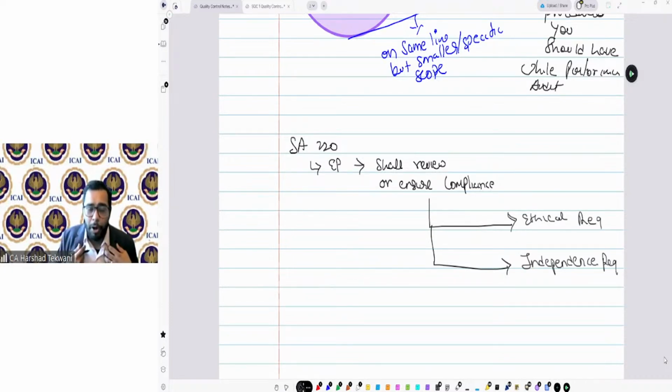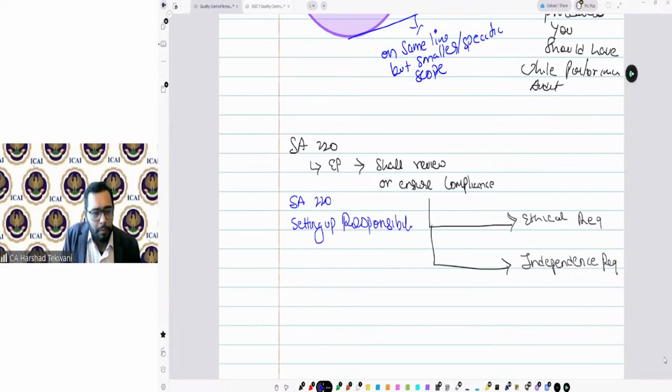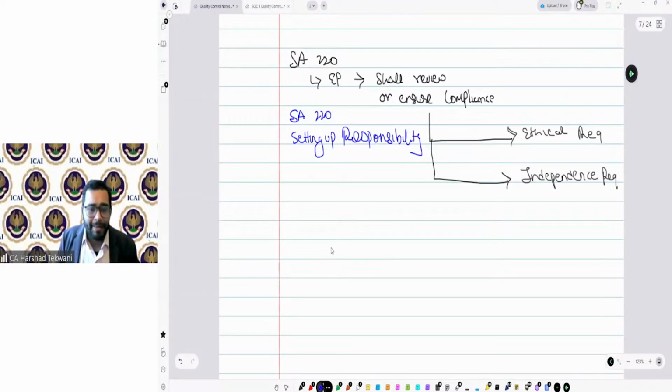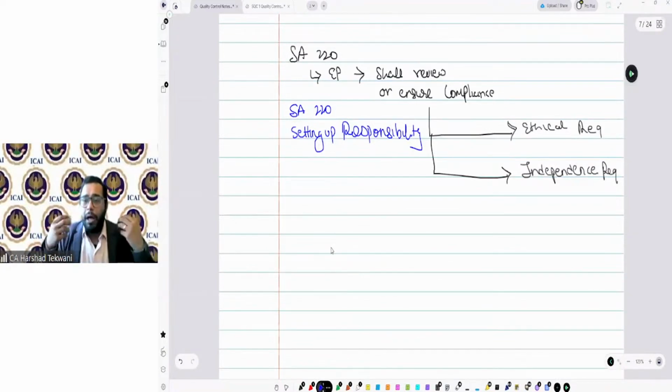Responsibility setting is something coming from SA220. SA220 is setting up the responsibility. But SQC1 is also setting up the responsibility of the firm.